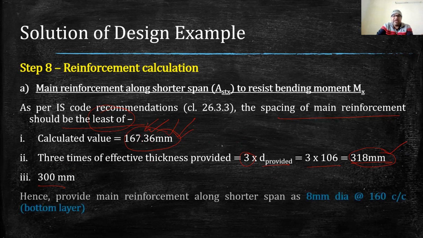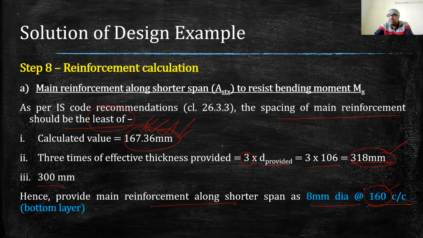And therefore we can write that providing main reinforcement along the shorter span as 8 mm dia at the rate of 160 center to center. So we have rounded off this 167 to 160, which is on the lower side. Now, as the spacing of the reinforcement is decreased, because the required spacing is 167 and we have decreased the value, it means the reinforcement that we are providing will be more than required now.